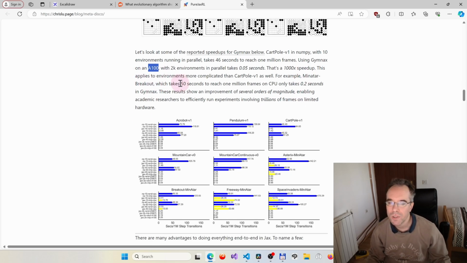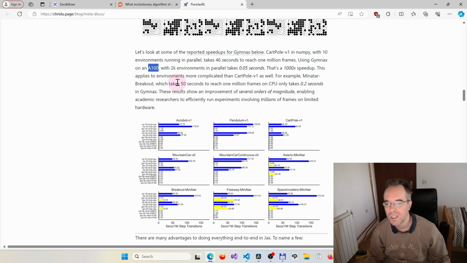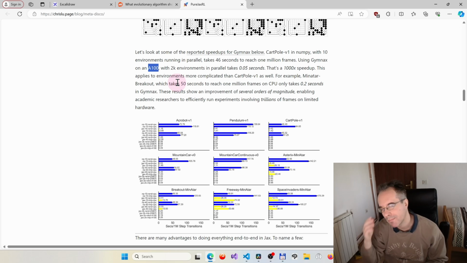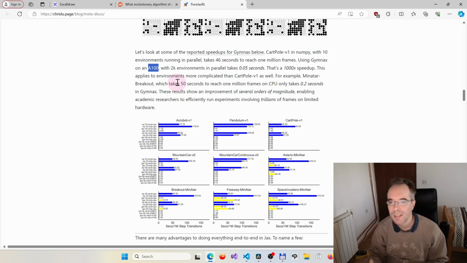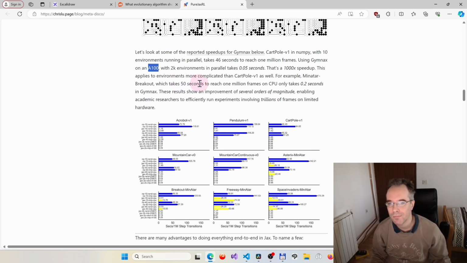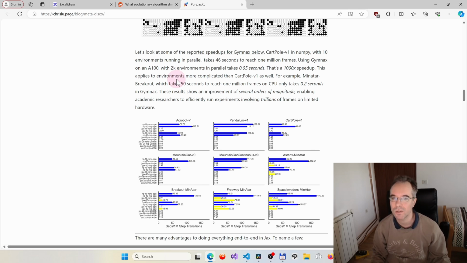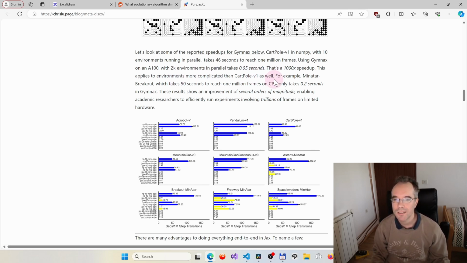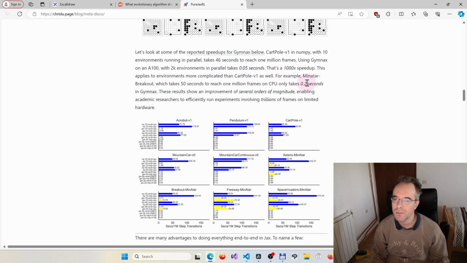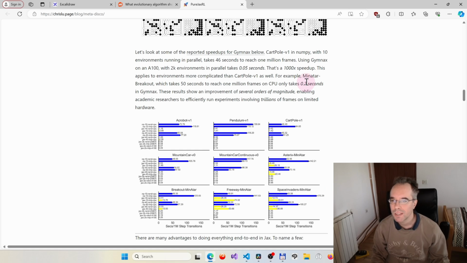Minotaur breakout, which takes 50 seconds, which is like 3000, not 3000. Sorry, I'm trying to translate minutes into seconds, but it says 50 seconds here, so I don't have to do that. This is like 5 times 50, so that's 250 times faster than running it on the CPU.